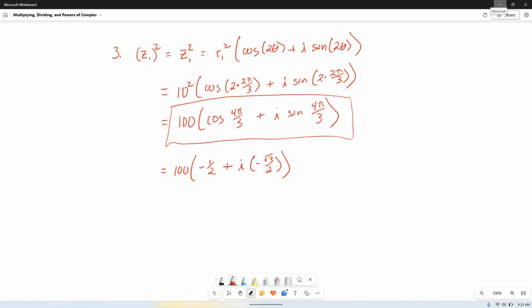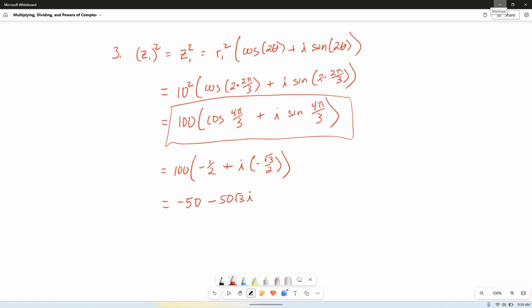Okay, so we have 100 times the negative half plus i times the negative root 3 over 2. If I multiply the 100 through, 100 times the negative half would be a negative 50, and then 100 times a negative root 3 over 2 would be a negative 50 square root of 3, and then we have a times i.